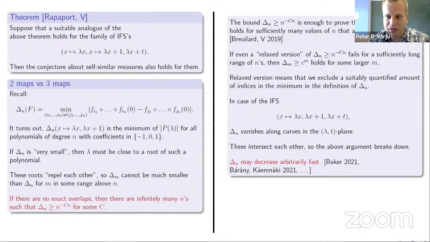And this will make the argument totally break down. In fact, what can happen is that the delta n may decrease arbitrarily fast in the case of three maps. Such examples were actually given by Baker and then Barany and Kanmaki and then others. So in this case, you need to work harder because you don't have these nice bounds that are available in the two maps case. And I'm already over time, so I just thank you for your attention.